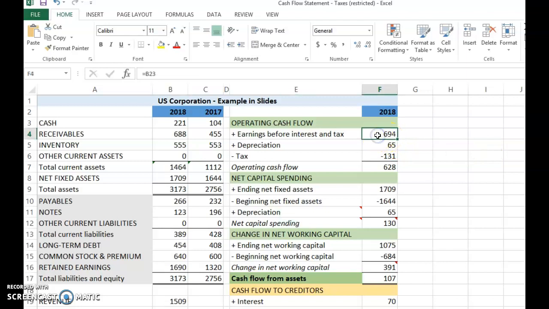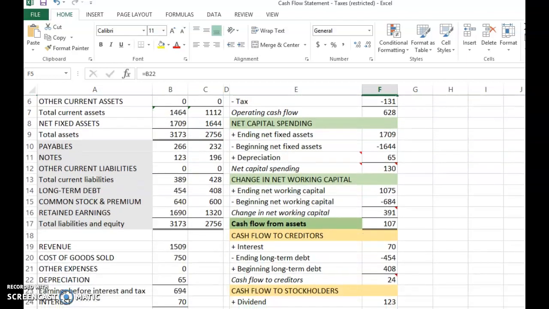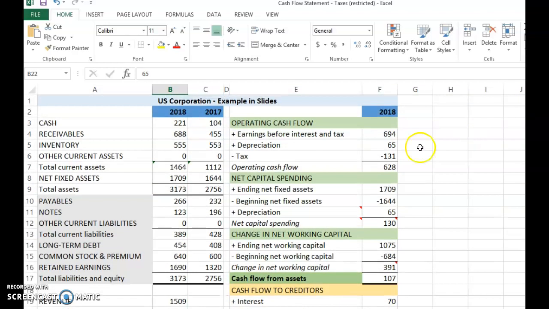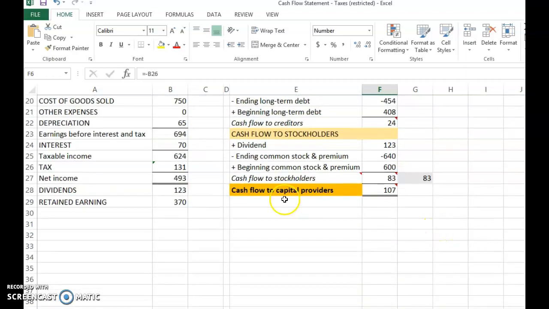Then you add depreciation. This amount is also from the income statement, which is here. Depreciation is 65, so you add that here. Then you minus tax, 131 here. That is also taken from the income statement.